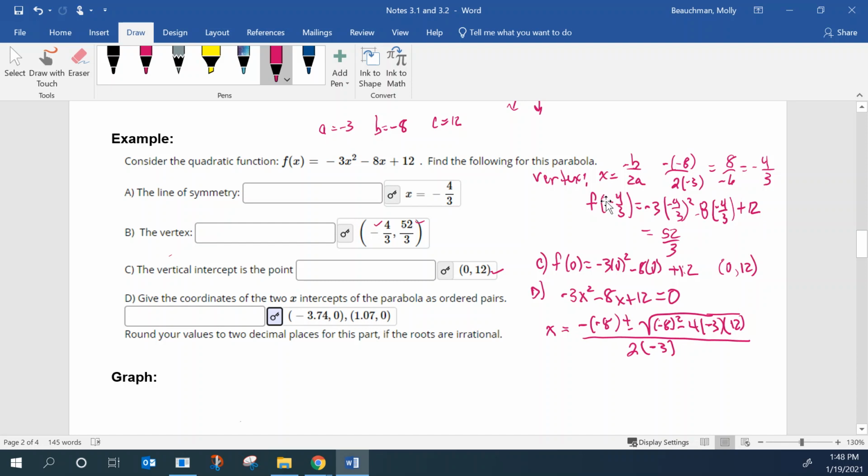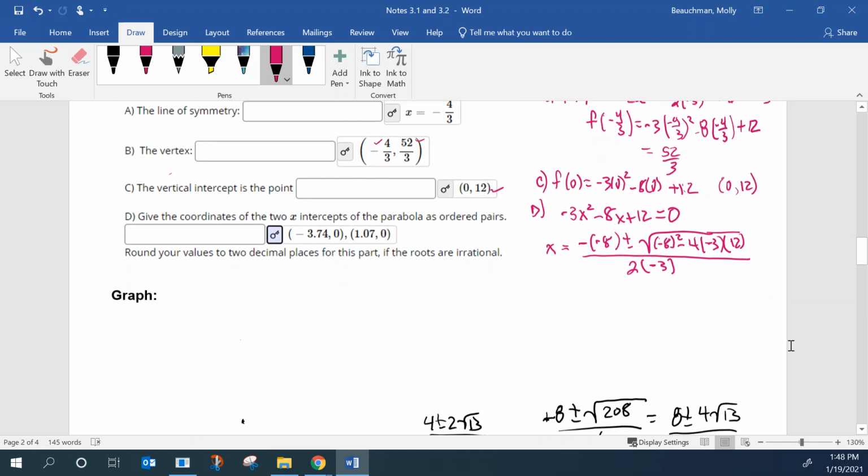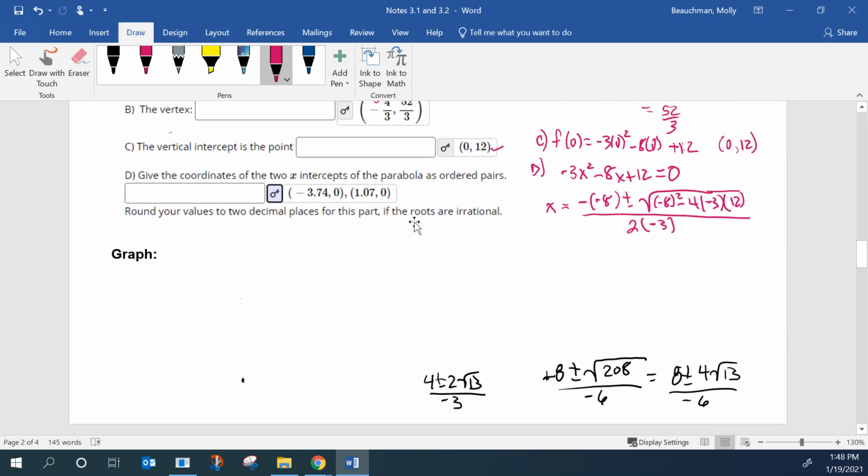So do a little simplifying, and I've got it down below here. We've got x equals 8 plus or minus the square root of, inside the square root we'll end up with 64 plus 144, which is 208, over negative 6.